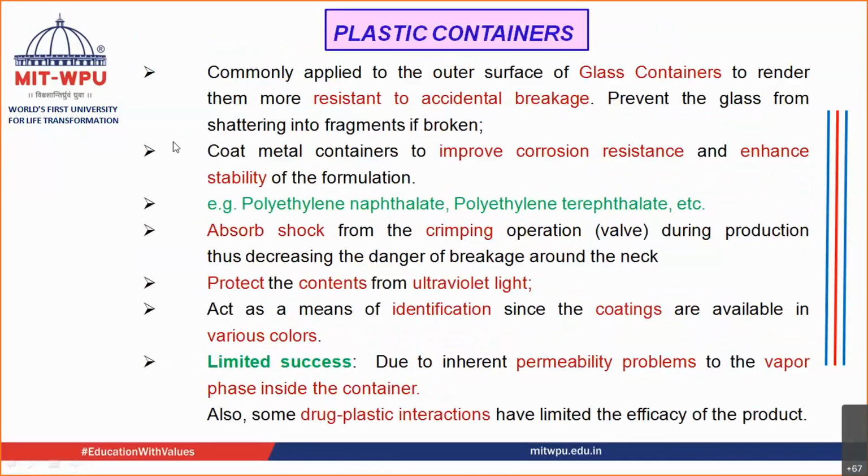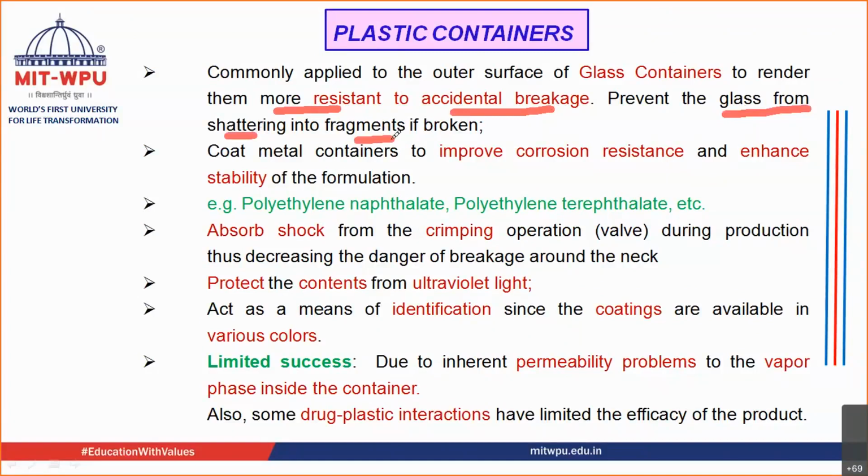Moving ahead to a plastic container now. As I've talked about earlier, plastic is basically used to give a coating to the glass container from outside. When they give the coating to the glass container from outside, it makes the glass more resistant to accidental breakage, and it also prevents the glass from shattering into fragments if it is broken.